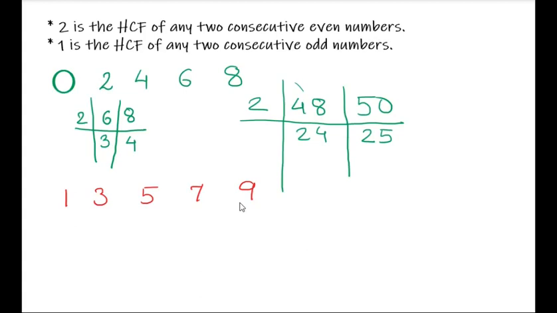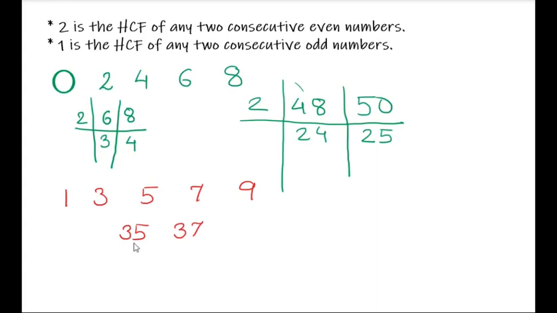Suppose I am taking 35. Is 35 an odd number? Yes, because 5 is at its units place. Which is the consecutive odd number to that? Correct, it is 37, which comes immediately after it. Now 35 and 37, will they come in one common table?